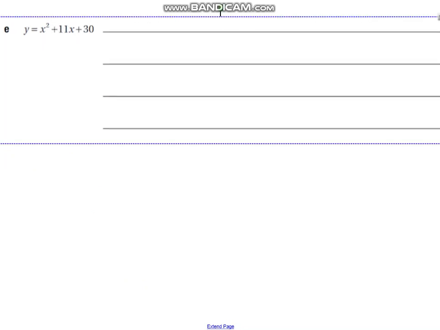On we go, this one, so that's going to be x plus 5.5 all squared minus 5.5 squared, which is 30.25, plus 30, and so that's x plus 5.5 all squared minus 0.25.